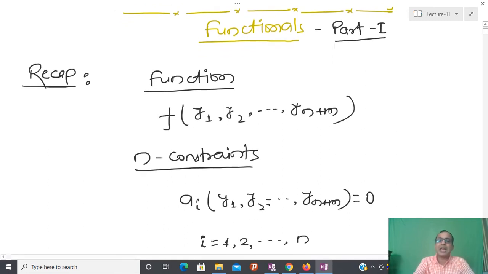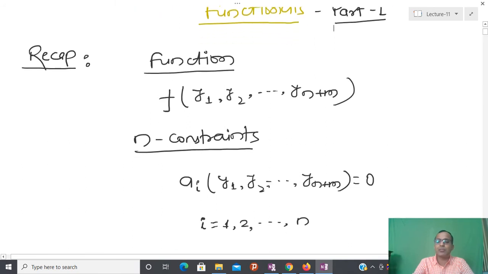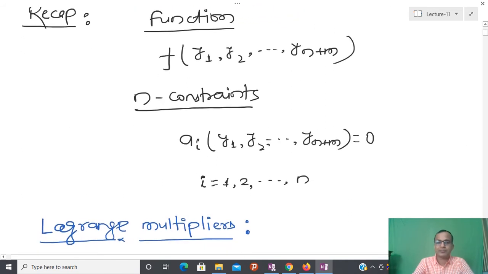In the previous class, we found that I have a certain kind of function, and the function has n plus m variables, and the constraint is expressed in terms of some kind of algebraic equation, with i from 1 to n.